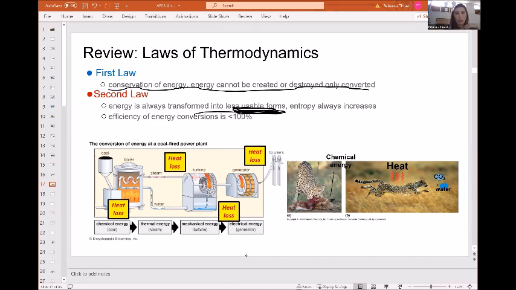And we typically call this entropy, or disorder of the system, always increasing. Where we see this within the food chain, of course, is heat. Not to say that organisms don't need heat or that heat isn't a useful type of energy. Of course, we burn fossil fuels to heat our homes. But as far as being able to collect that heat and then do something useful with it later, that's not typically the case.